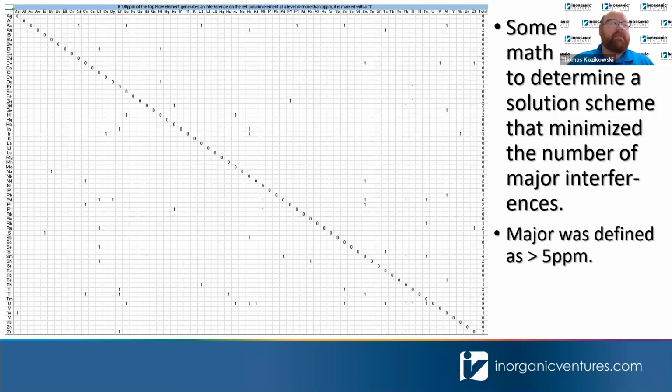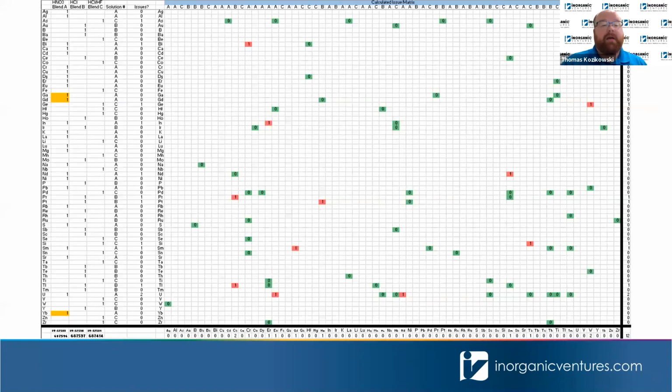We would mark it as a problem and try to solve it by moving some stuff from solution 1, 2, or 3. So we narrowed it down. Playing around with this matrix, we were able to visually see how many more interferences we have to deal with, and how we can try to move these around to still keep them chemically stable but minimize those interferences.